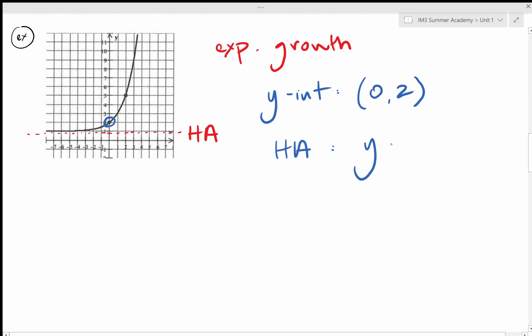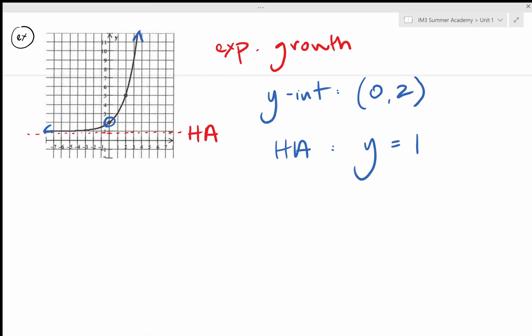If it's a vertical asymptote, it's an x equals. But for the horizontal asymptote, the line is y equals 1. It's getting really, really close to 1. It looks like it touches, but if we were able to zoom in forever, we would see that there's still space, because remember, this goes off in either direction.